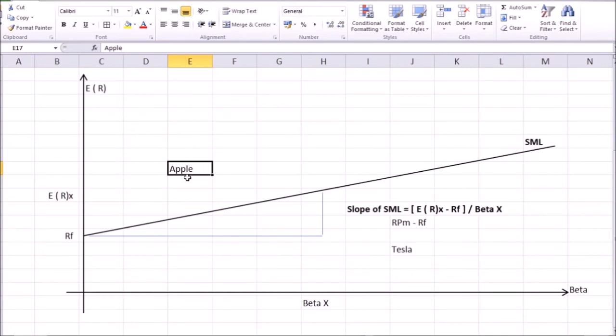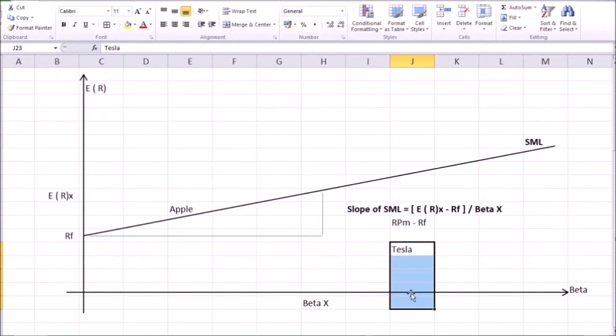And a higher stock price with the given guidelines for annual earnings will mean that the expected returns will start to decline. For example, say the guidelines for earnings is $20 per share, but the share price is rising. That will reduce your expected return, bringing this Apple stock closer to this security market line. Something similar is going to happen to Tesla.